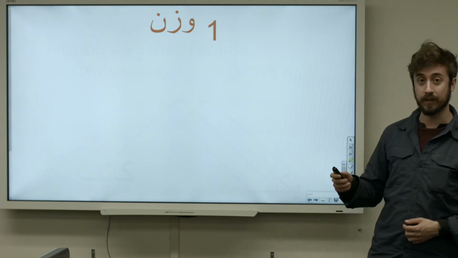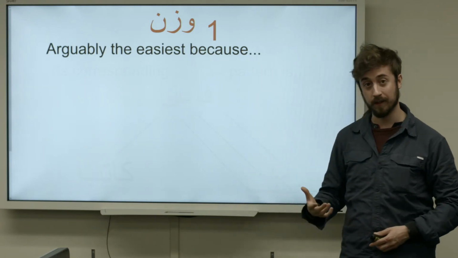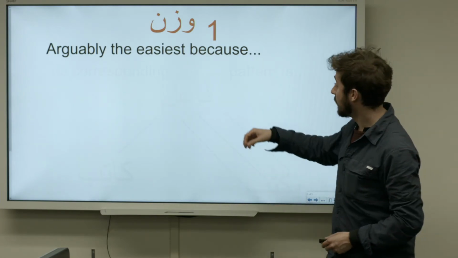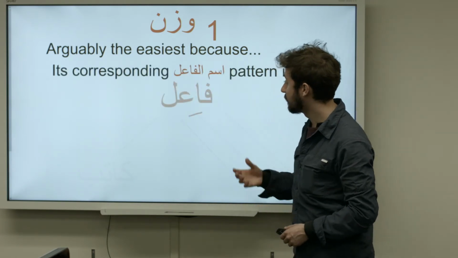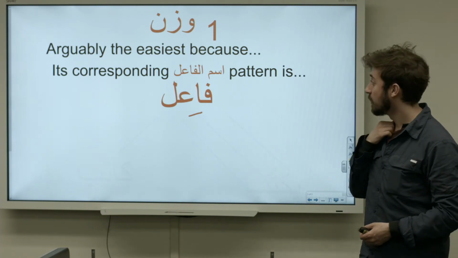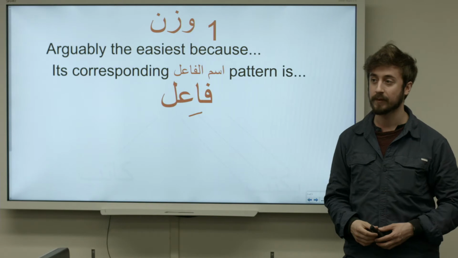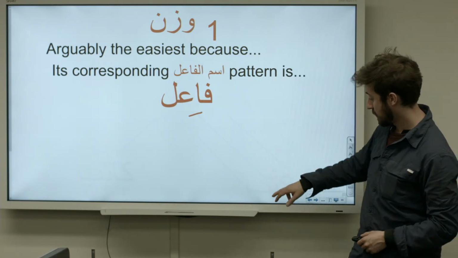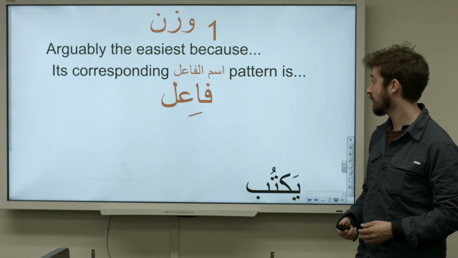Wazn 1 is really easy because the ism fa'il pattern for wazn 1 is fa'il. It's in the name of the concept itself. So what's a really common pattern 1 verb? I think it's yaktub, to write, or he writes.